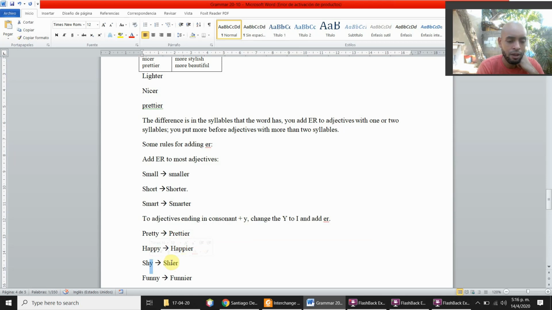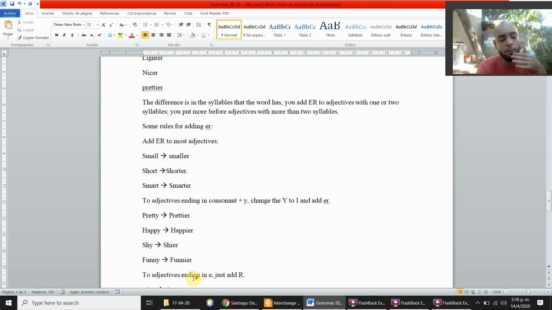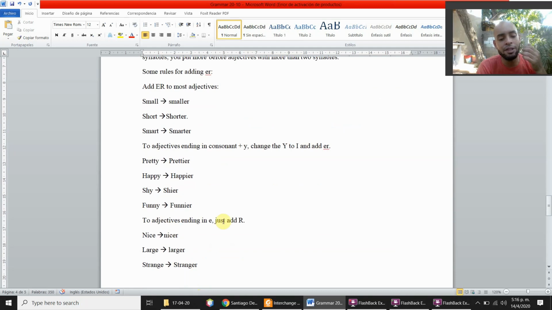Change the Y to I and add ER at the end. Funny, funnier, the same rule. Now adjectives ending in E. You just have to add the R at the end. Nice, nicer. Large, larger. Strange, stranger. In each case, you only have to add the R at the end of the adjective.